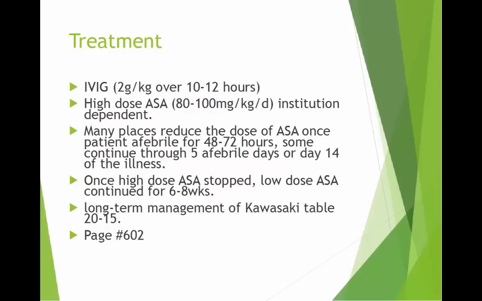Children with giant coronary aneurysm may require additional anticoagulation therapy with Coumadin. Again, a small risk of Reye's syndrome exists in children receiving long-term aspirin therapy during outbreaks of influenza or varicella. I know it's a caution, but the mortality of Kawasaki is higher than the mortality for Reye's syndrome, so do not hesitate to start aspirin on patients that have Kawasaki.